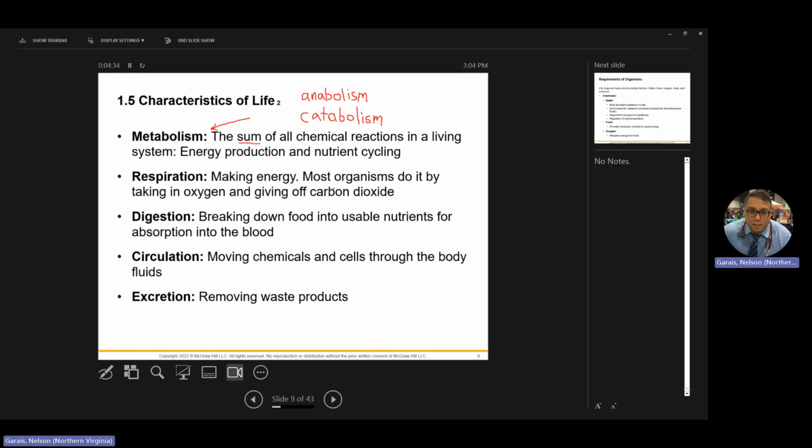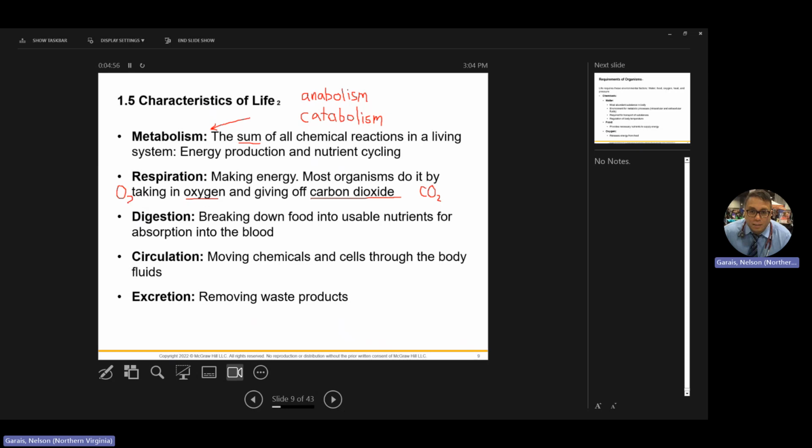Respiration, I want you to think gas exchange, and the two gases in question are O2, which is oxygen, and CO2, which is carbon dioxide. CO2 is written like this, C, capital O, with a little 2 like this. And of course, oxygen is O2.